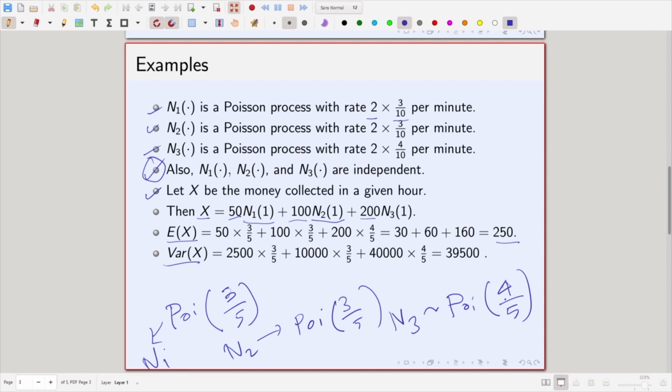So, the variance of X will be 50 square times the variance of N11, which is 3 by 5, 100 square times the variance of N21, which is this, and 200 square times the variance of N31, which you get to be equal to this. Fine. So, the variance of X is given by this.